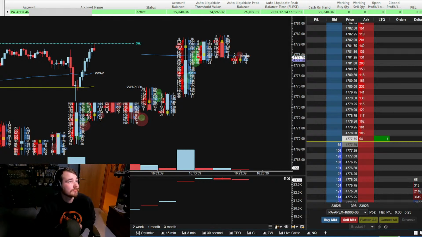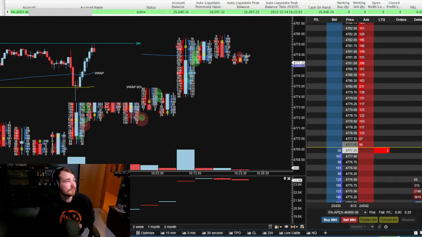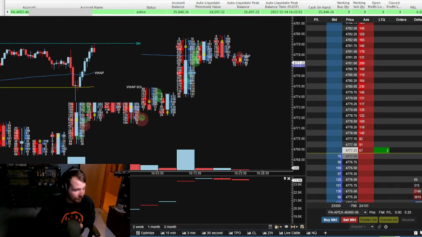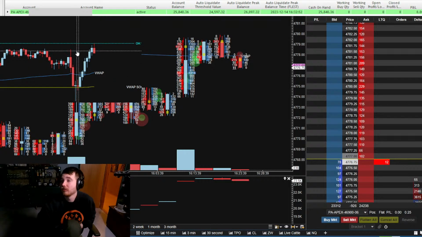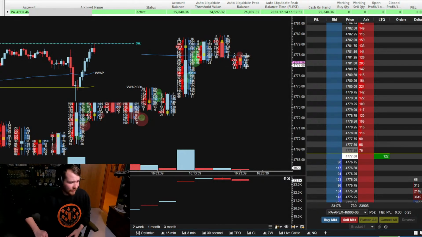That's the bias today. That's good stuff. Alright. NQ looks a little bit stronger than ES pre-market, but that doesn't really matter too much.